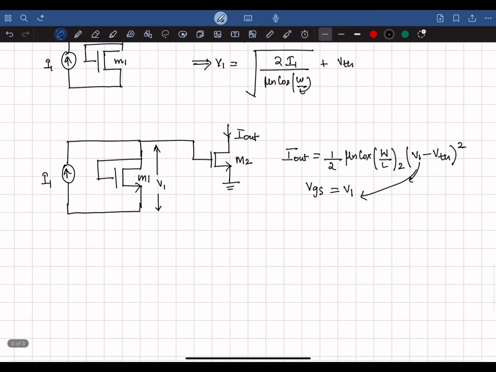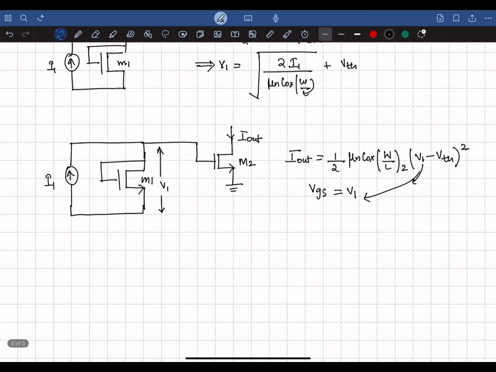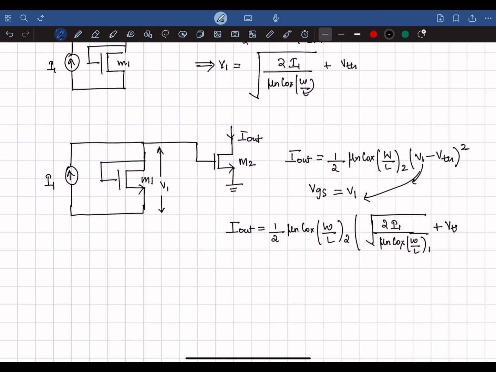We already know what V1 is, so I'm going to substitute that. Iout is equal to 1/2 mu n Cox W/L of transistor 2 times (square root of 2 I1 divided by mu n Cox W/L of transistor 1, plus VTH, minus VTH) the whole square.